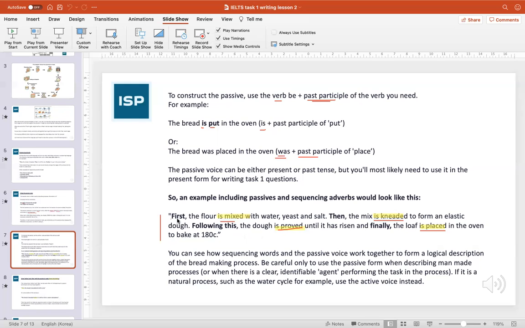And the highlighted ones are the sequencing adverbs. Okay, so essentially those are I would say the two main grammatical items that you need to do this task. All right. Yeah. So bear that in mind.